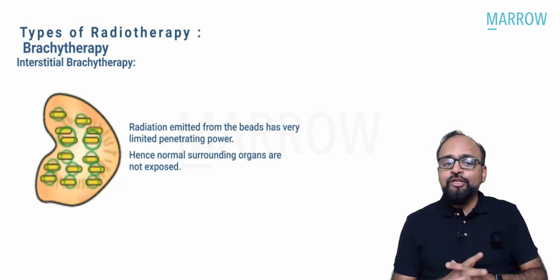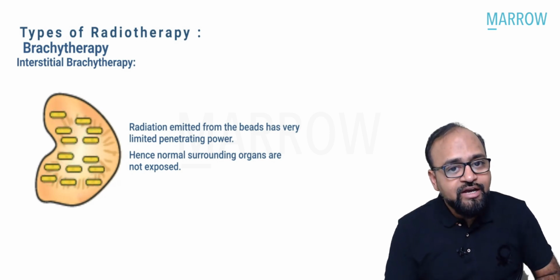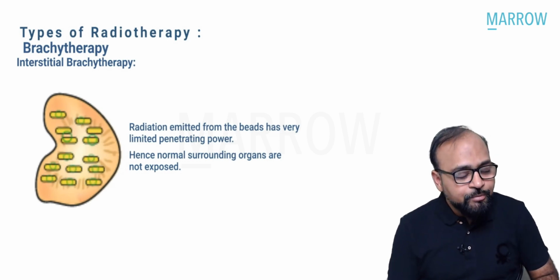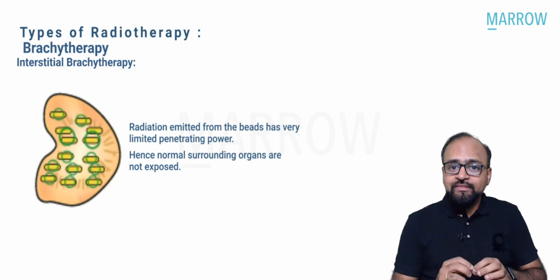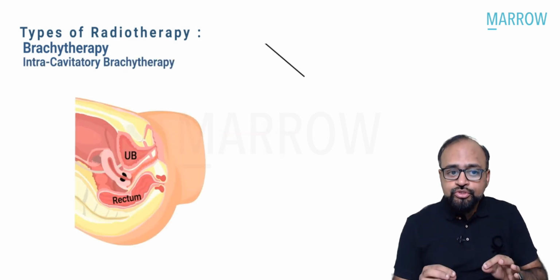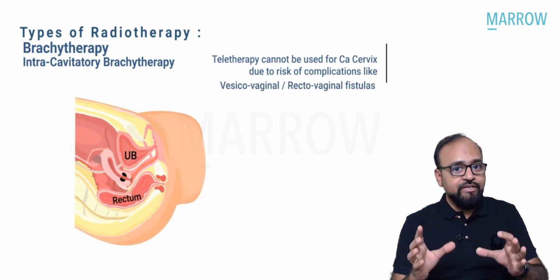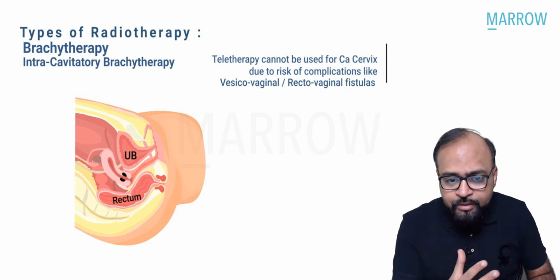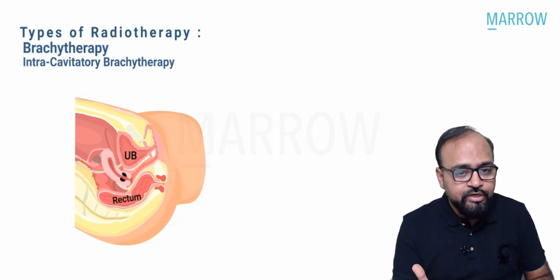Now there's another technique of using brachytherapy, and that is called intracavitary brachytherapy. What is intracavitary brachytherapy? Intracavitary brachytherapy is when the radiation source is placed within a natural cavity within the body. For example, CA cervix. The cervix is again deep within the pelvis, close to the urinary bladder, close to the rectum, very difficult to irradiate from outside.